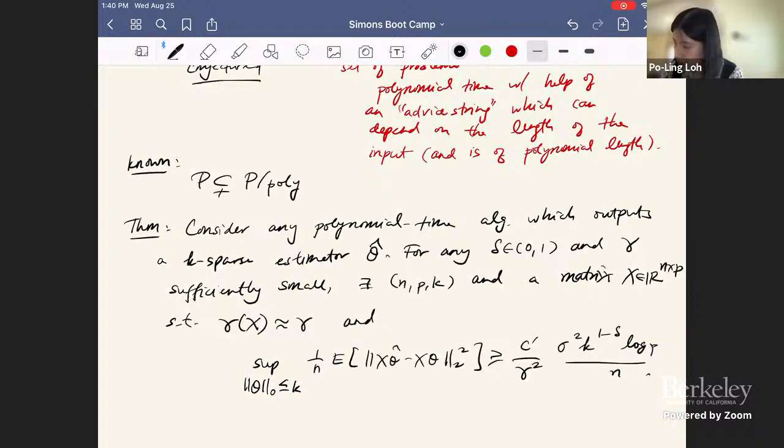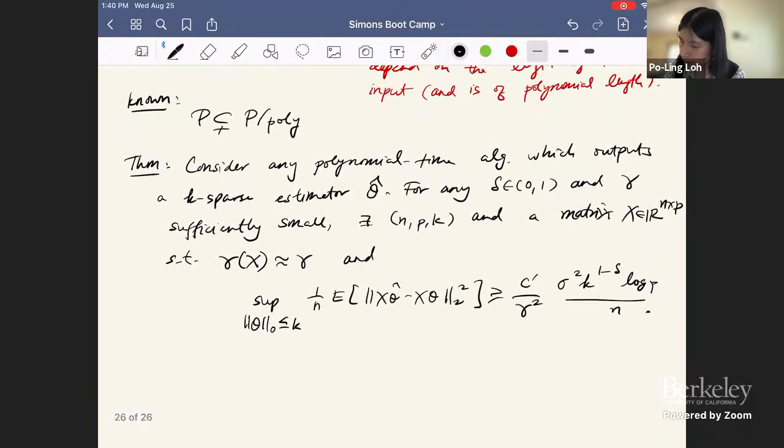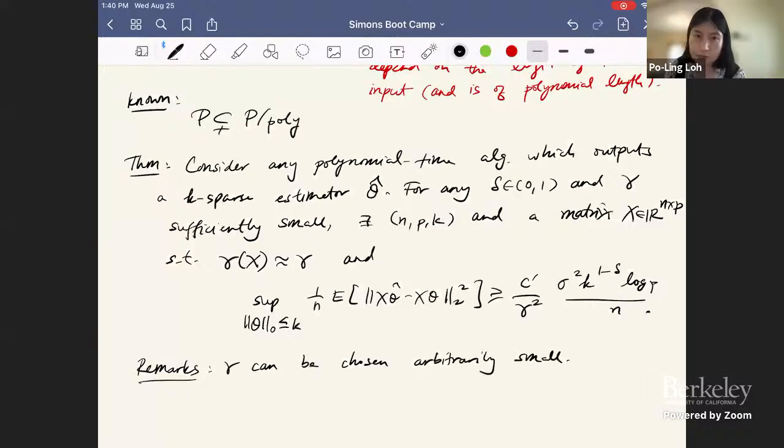Okay, so a couple remarks. The first remark is that gamma can be chosen arbitrarily small. This falls out of the proof, although the proof is rather complicated.